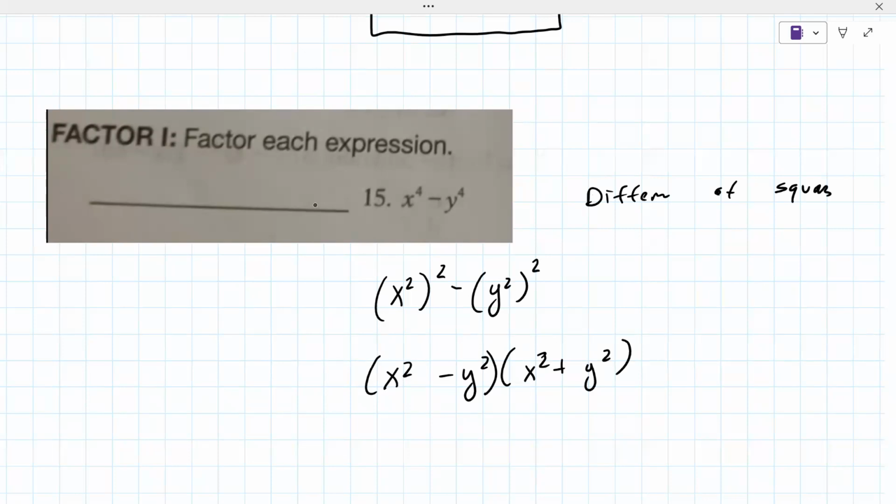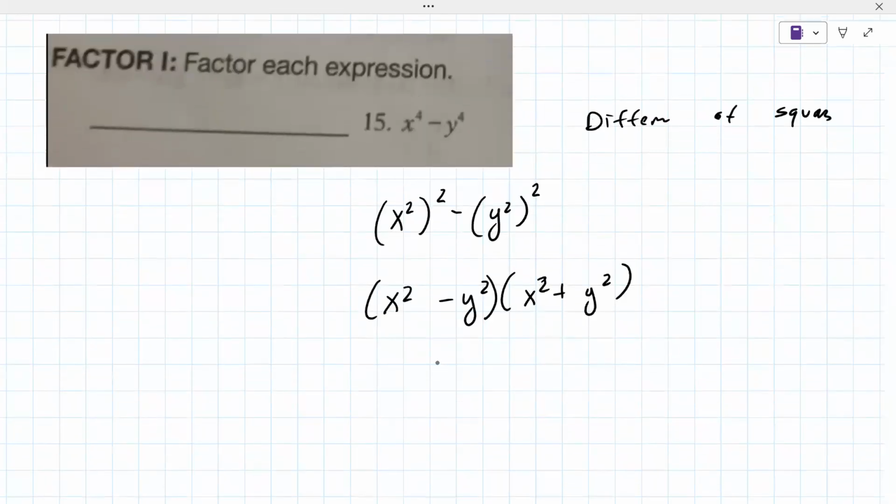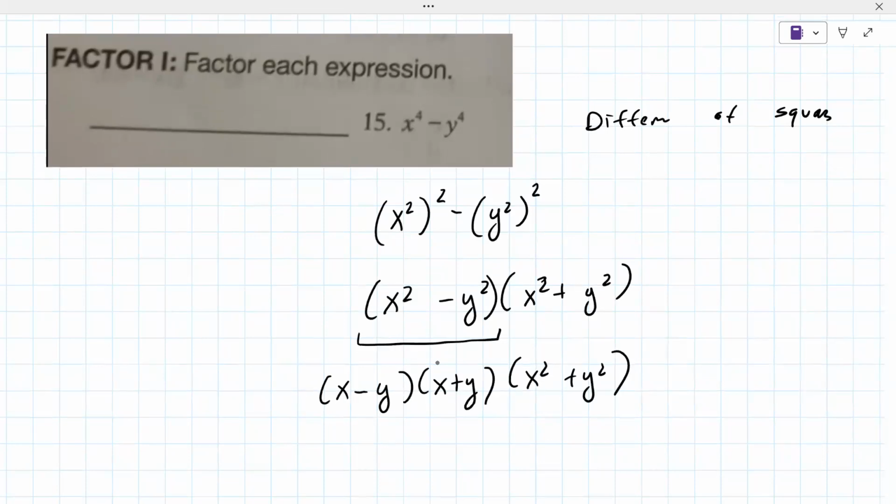Now there's a bit more to do because x squared minus y squared is also a difference of squares. So the one on the left becomes x minus y, x plus y. The one on the right is a sum of squares, which there is no formula for.